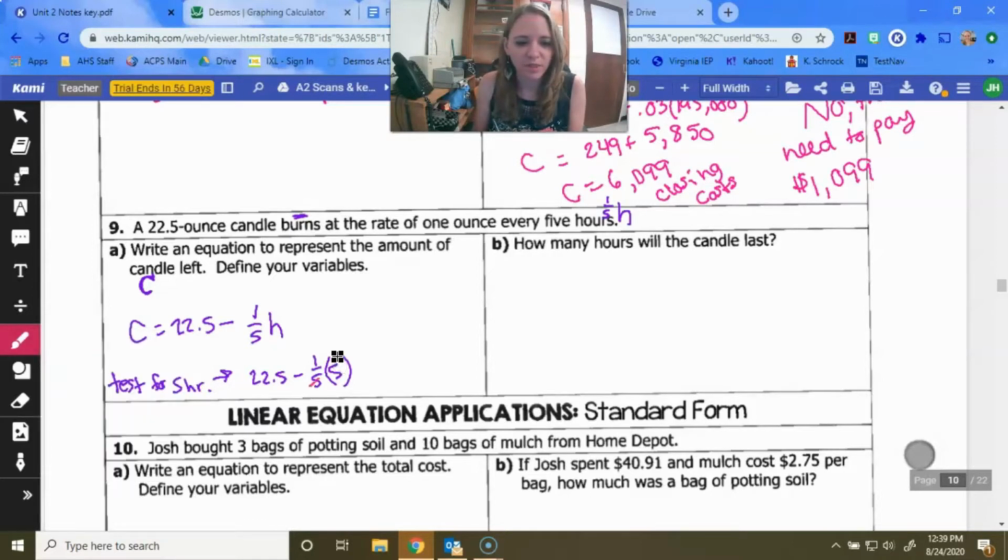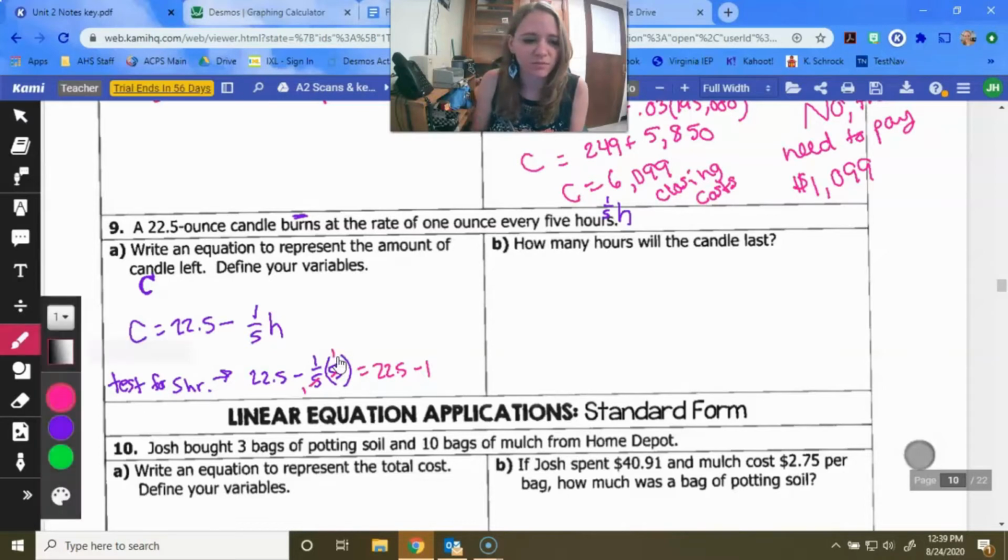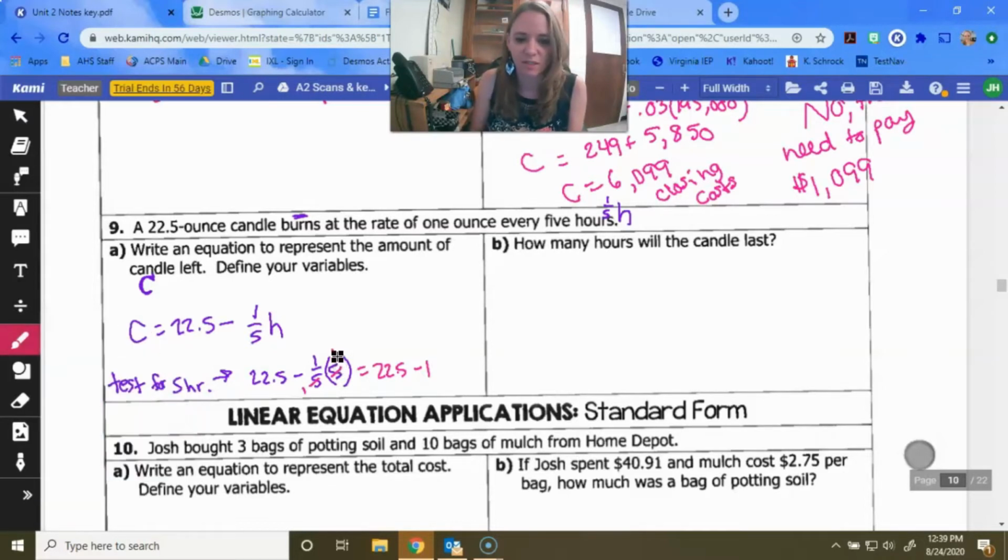And then I'm eliminating the 5s because they can reduce, giving me just 22.5 minus 1. And that's what it says. For every 5 hours, it'll reduce 1 ounce. So that's a test to make sure my equation makes sense. I'm just doing a little preview to see if it makes sense, and it does.